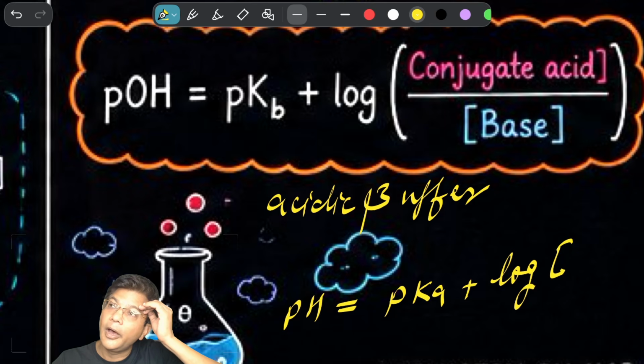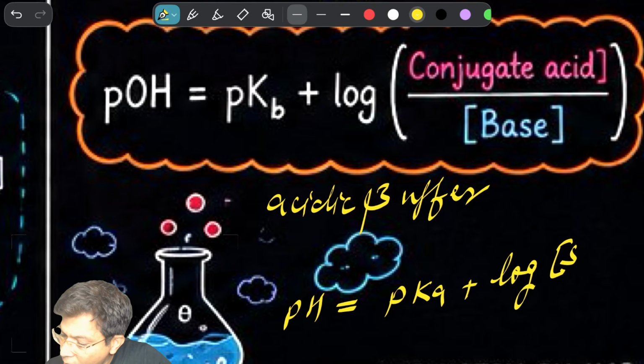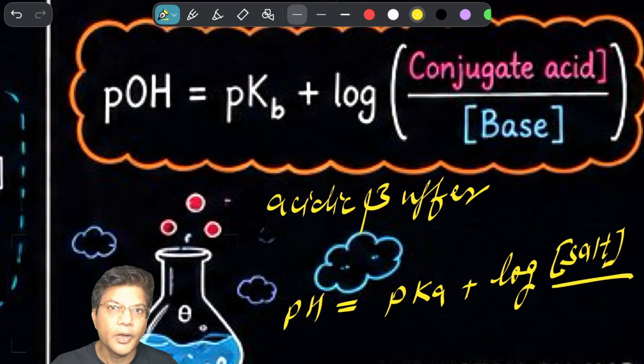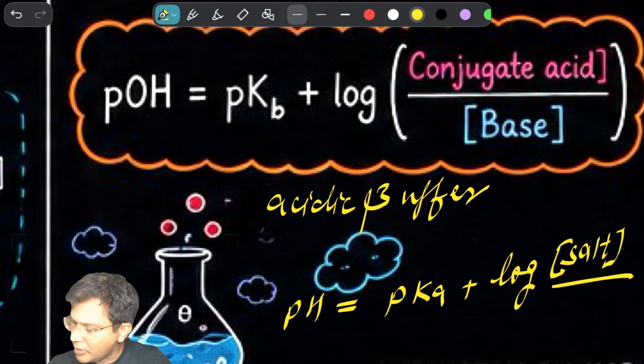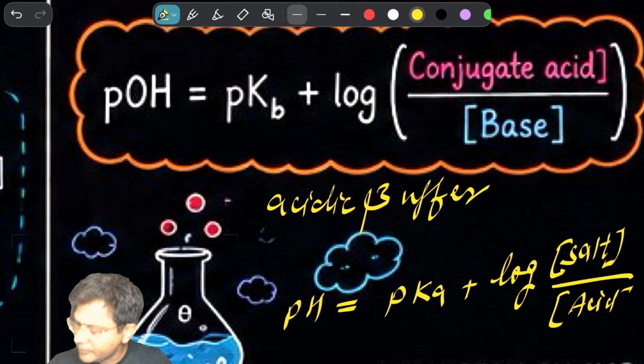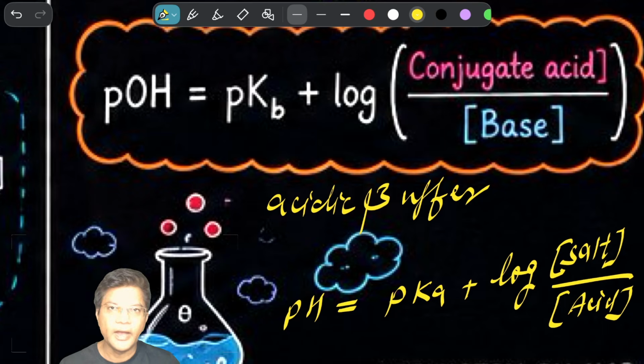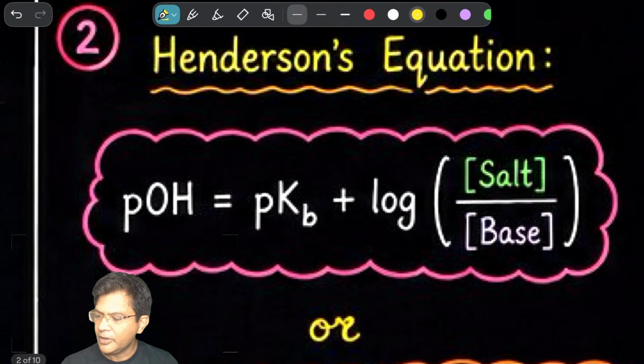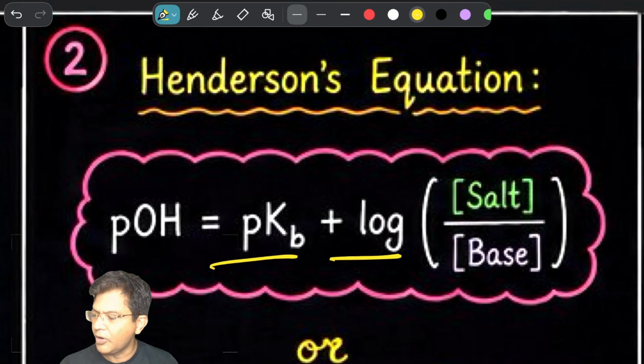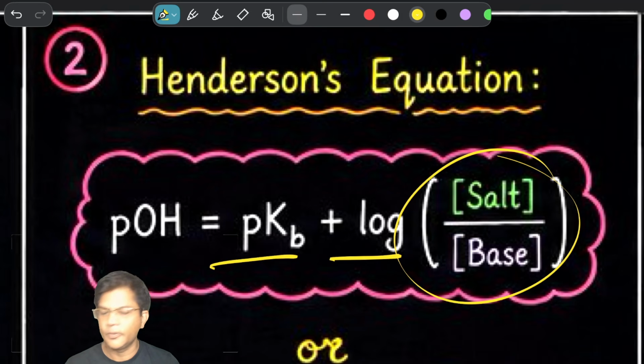Salt will be on the upper side in both. Salt is important in our home. We are bringing salt, never acid. Salt, acidic buffer, so acid downside. And if I talk about basic buffer, it should be pOH is equal to pKb plus log of concentration of salt upon base.